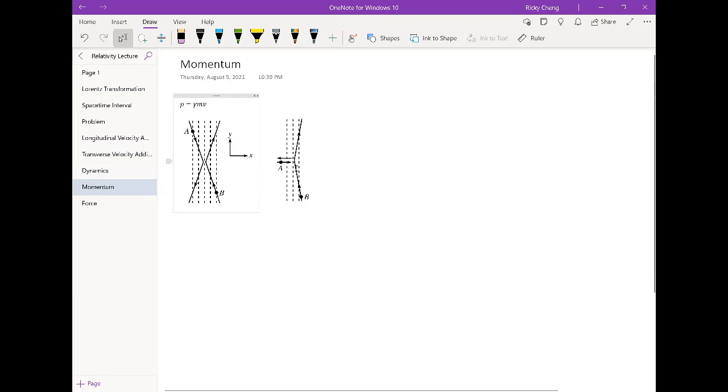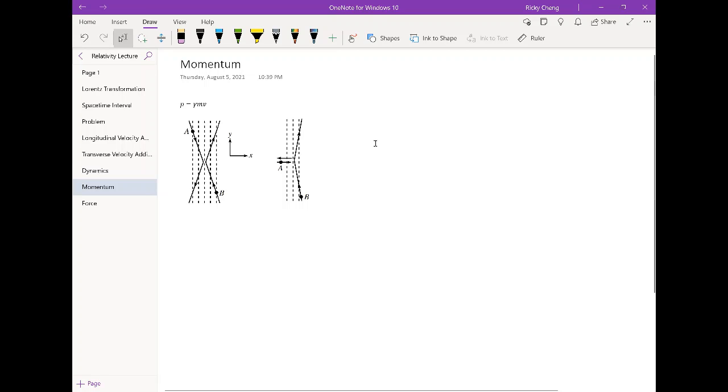So it shows that it's a good candidate for momentum. But if you really want to show that it actually is the momentum, you have to confirm it experimentally. In physics, when you have equations like this, you can have derivations for why this is true, but you always have to prove it experimentally.